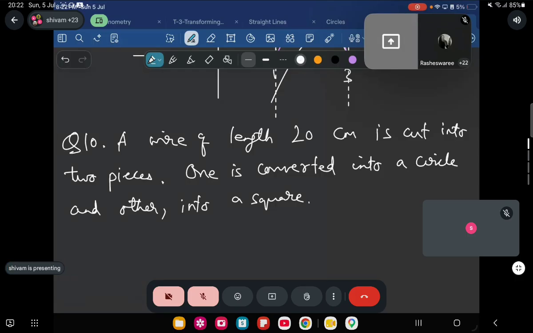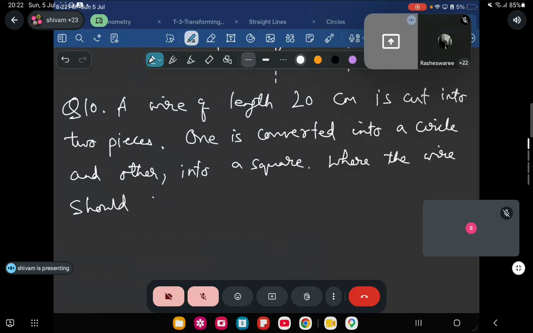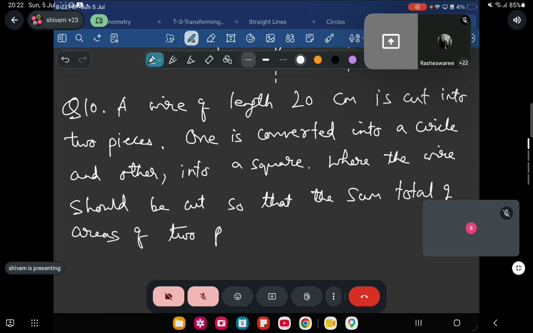Now where should the wire be cut so that the sum total of areas of the two plane figures is number 1 maximum and number 2 minimum.